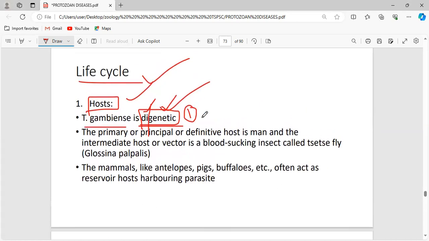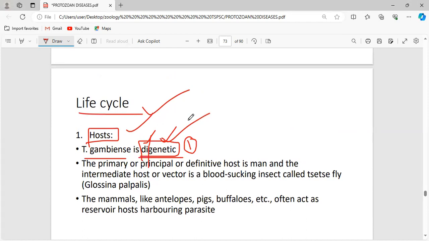First important thing. The second thing is the primary or principal host. The primary host is also called the principal host, and it is also called the definitive host. What is meant by the definitive host? It is an animal in which the parasite feeds and attains sexual maturity.